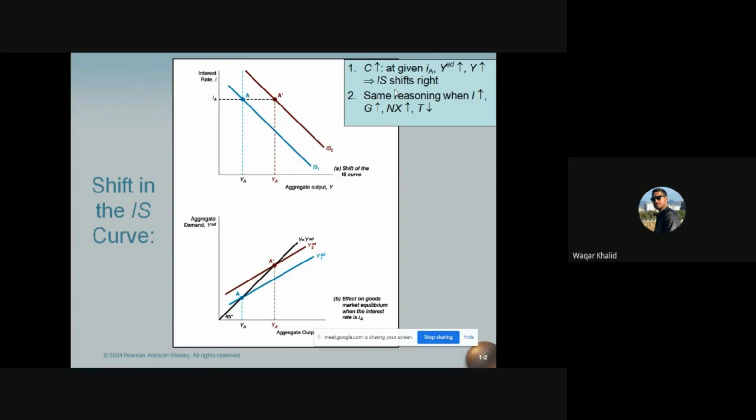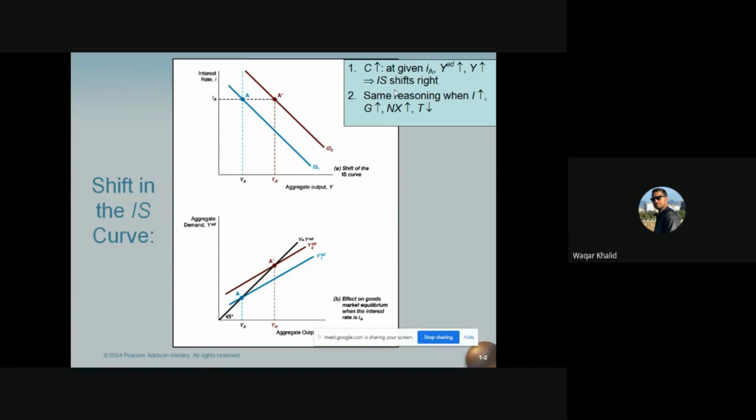If we talk about an increase in taxes, this factor has a negative influence on the aggregate demand curve. For example, a decline in taxes raises the equilibrium level of aggregate output at any given interest rate and shifts the IS curve to the right.